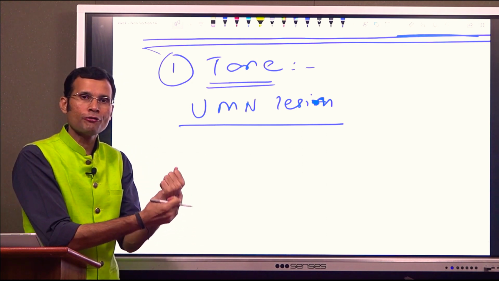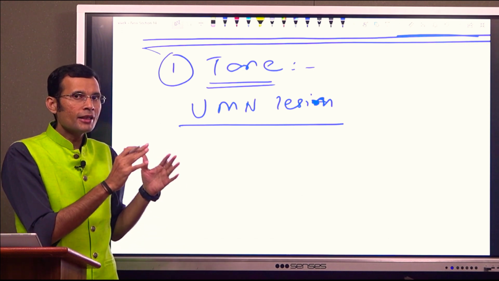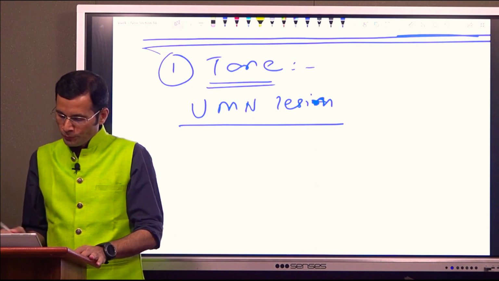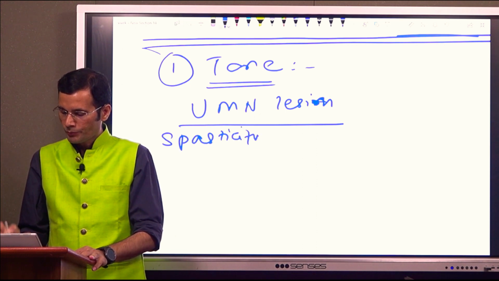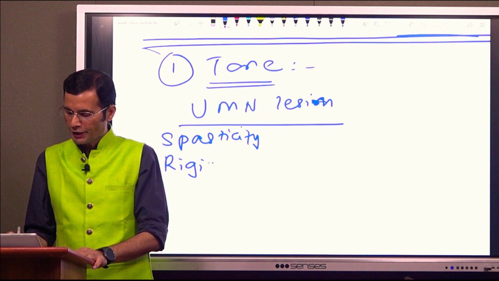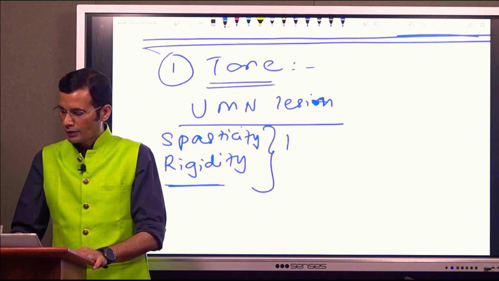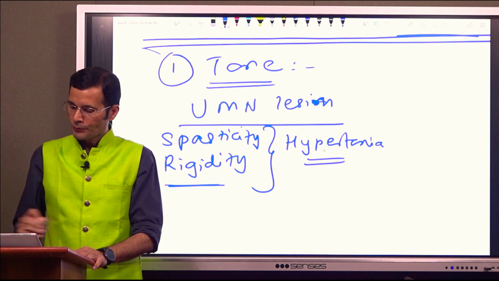There will be a lot of resistance to the movement. So the tone is increased, excessive tone. It can be called spasticity in the case of pyramidal lesions, or rigidity in the case of extrapyramidal lesions. These are the terms used for hypertonias.